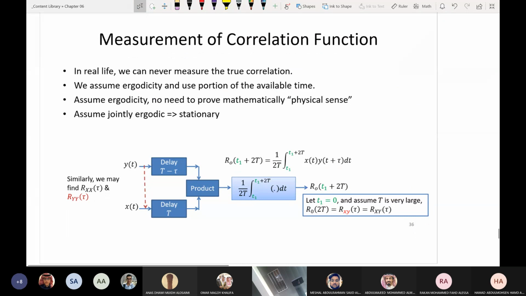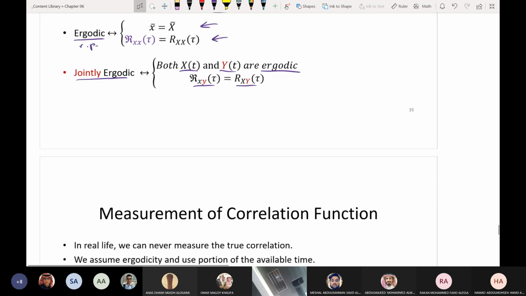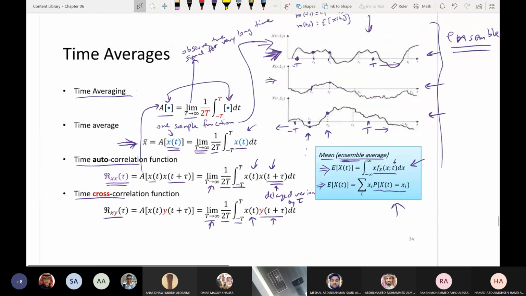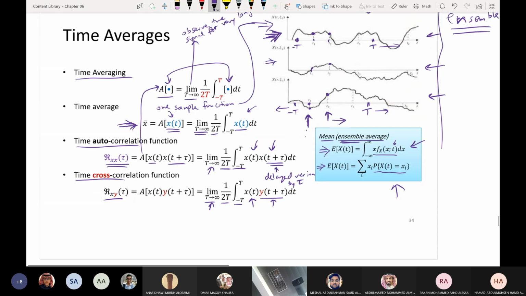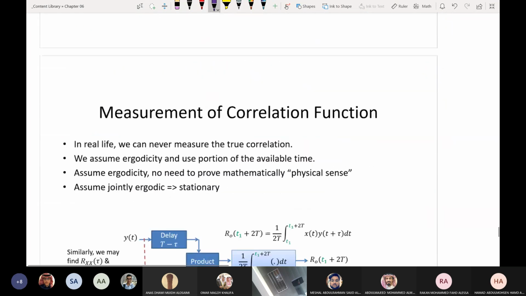Now if you would like to measure really in the lab a correlation function, you need basically to measure, زي ما قلنا, many realizations, and you look at the signal at different times and you multiply the values and take the average, and then keep shifting tau and do the same again and again until you get Rxx of tau, which is extremely difficult to do.